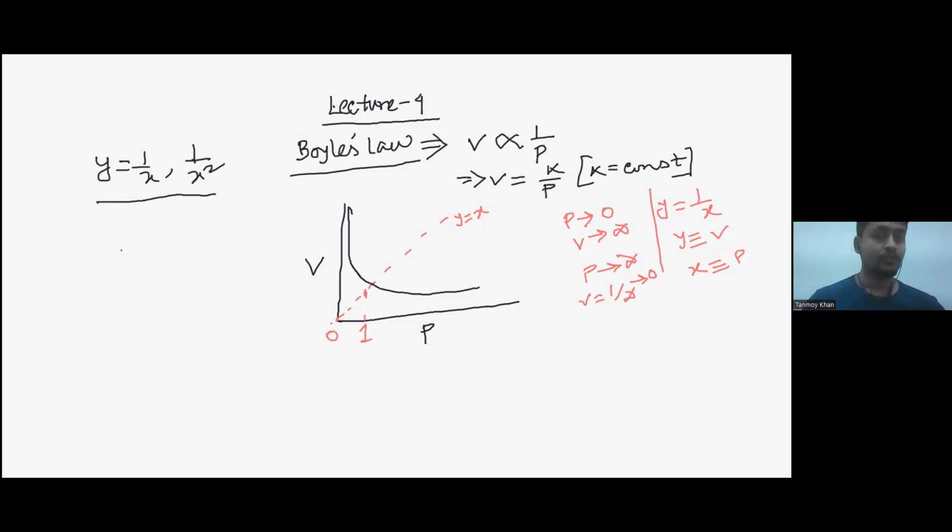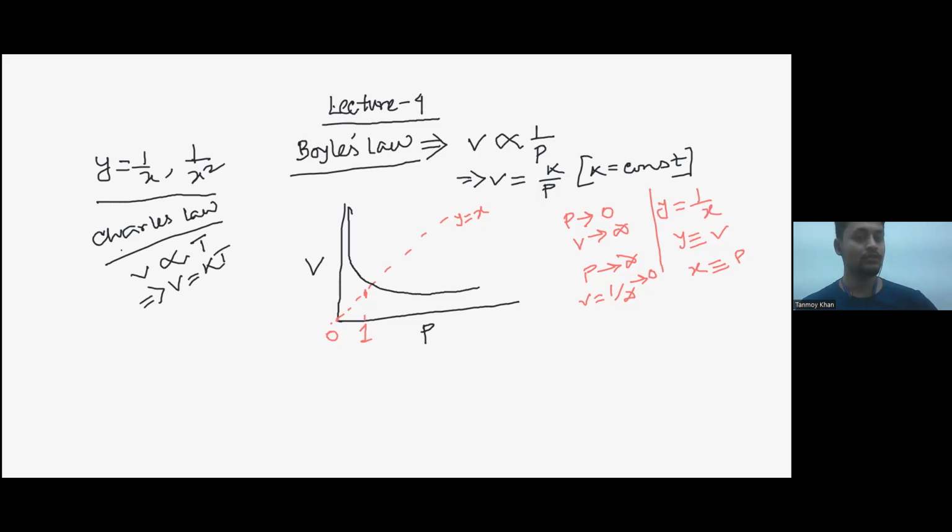Right? Now go to the next example. So let's say Charles's law. I'll be taking various examples. It may be a polynomial. What is Charles's law? V is proportional to T. That means V is equal to kT. These examples have already been taught, but I'm just doing it again to remind you.